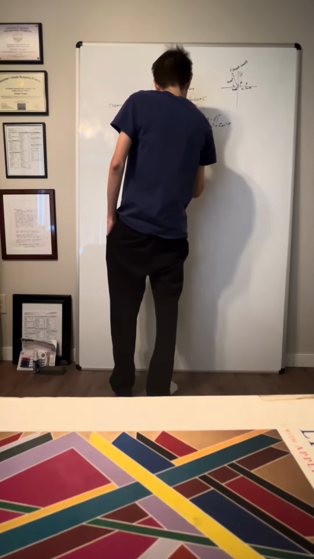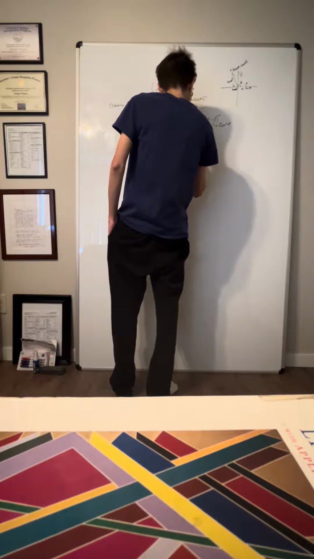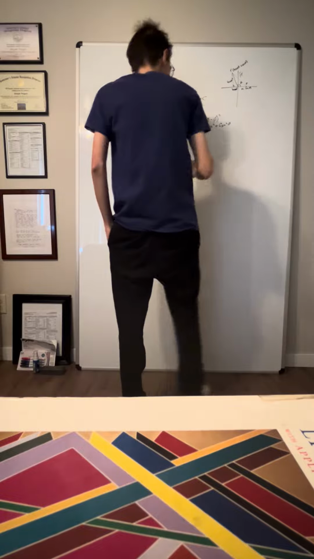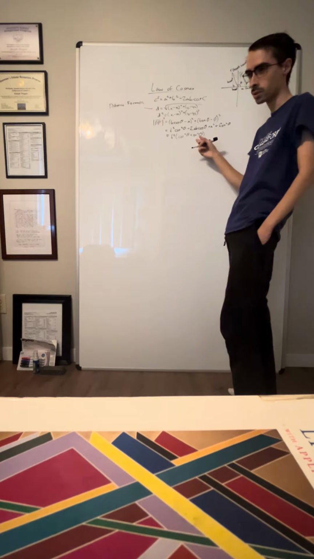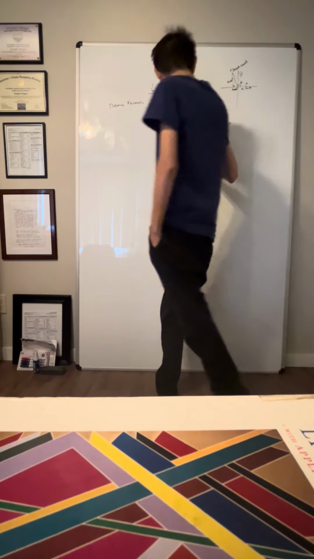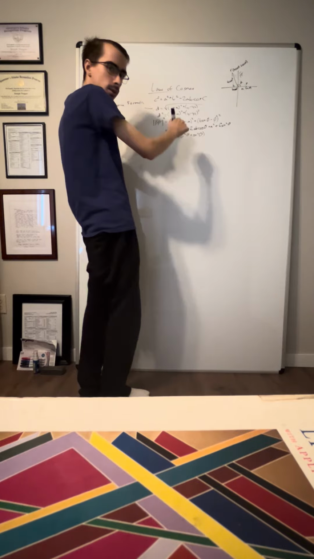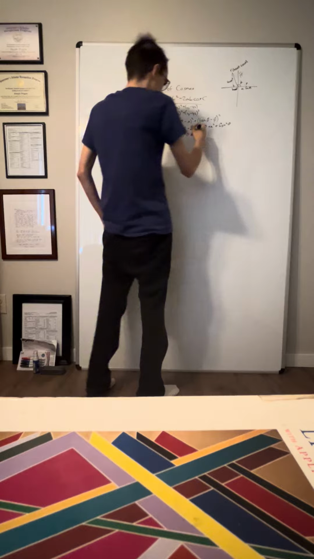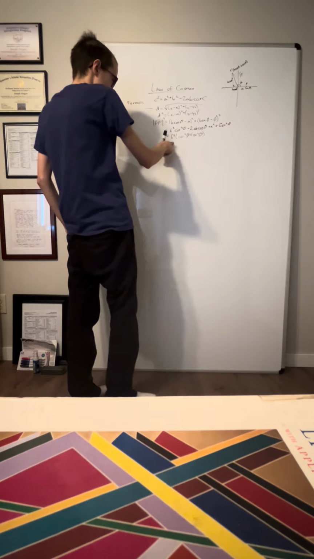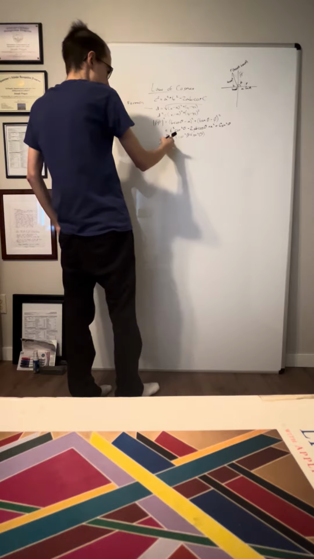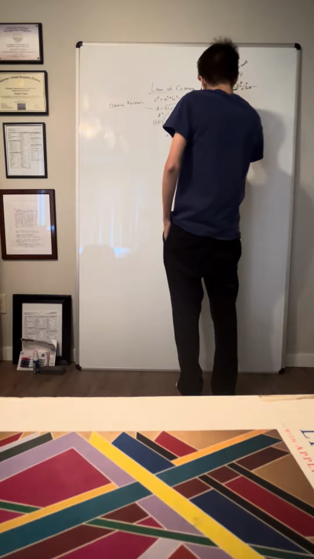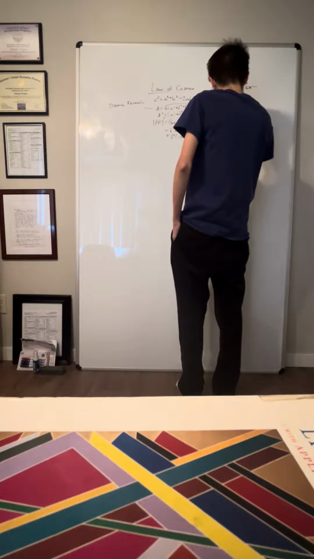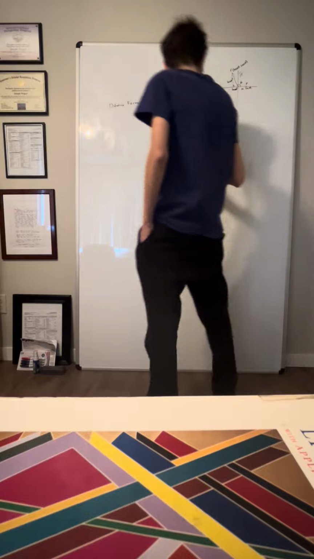We have b squared times cosine squared of the angle plus sine squared of the angle, but this is something I talked about in the last video. It's a very common trigonometric identity, and that just equals 1. So b squared times 1 is just b squared, so that piece goes away. What are we left with? Plus a squared minus 2ab cosine of the angle.